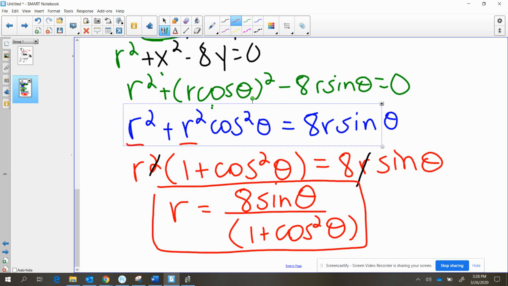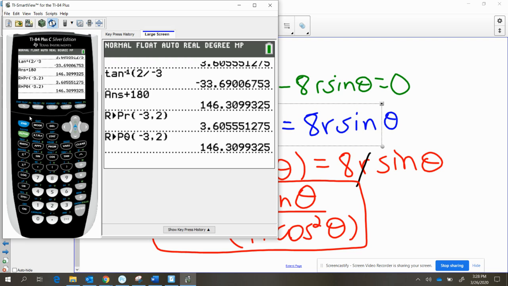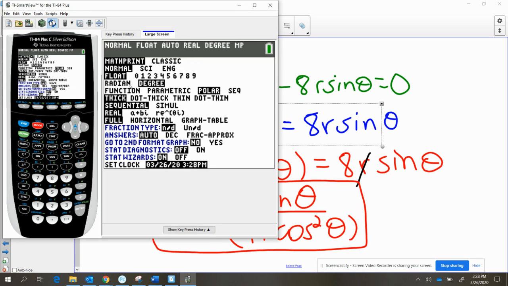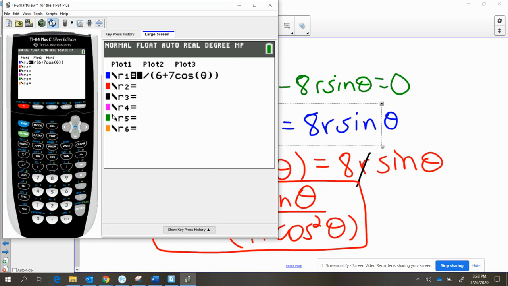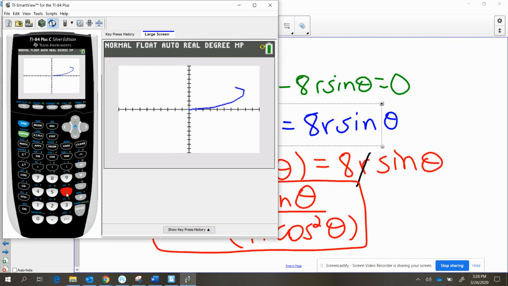Okay. A couple other things to note that are not on the sheet. Reminder that your calculator to graph should be in degree mode and polar mode, so that when you go into the y equals menu, you can start typing some values in. For instance, if we want to look at a rose curve like this, we say maybe 3 theta, a rose curve here, and I'm just going to hit zoom 6, and we can see our rose curve there.